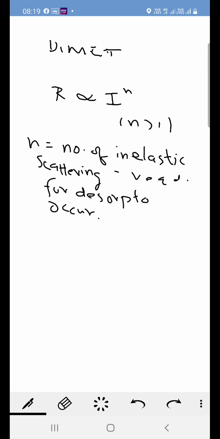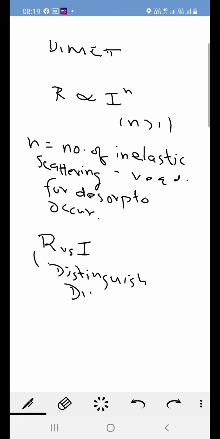So from the R versus I plot, we can distinguish between DIMET and DIET. Has it been a multiple electronic transition or a single electronic transition?